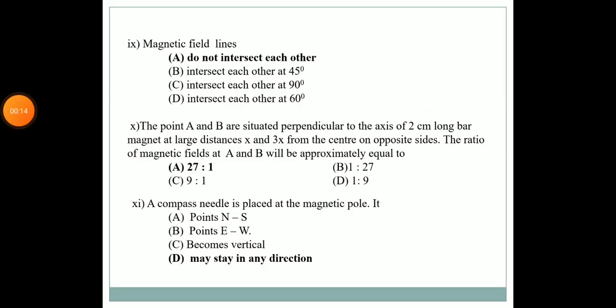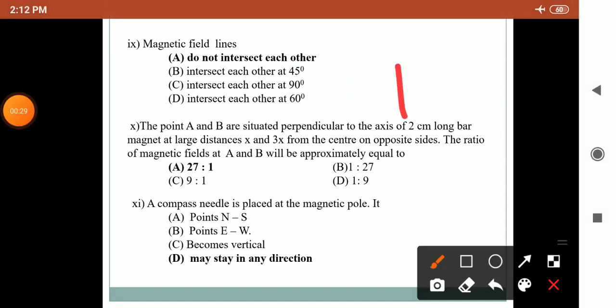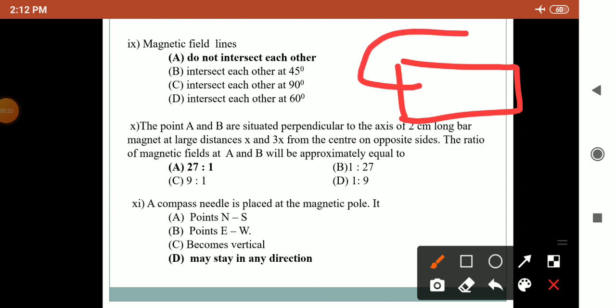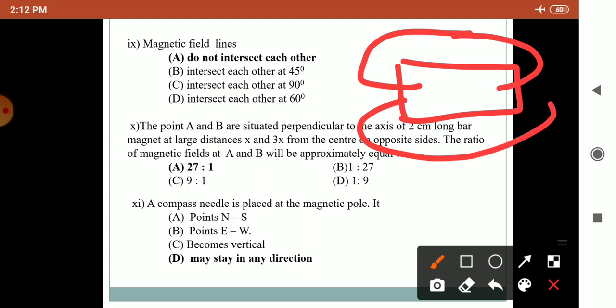In the first question: magnetic field lines. The first option is that they do not intersect each other. If you have studied this, they start and end, and they will not intersect inside the bar magnet.